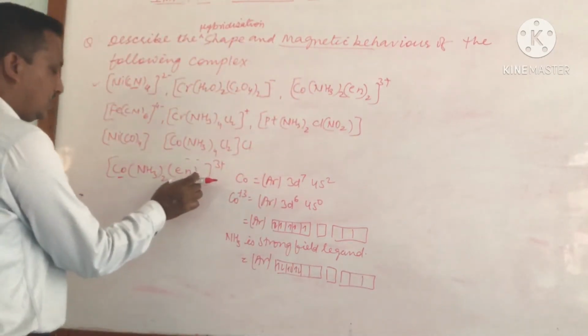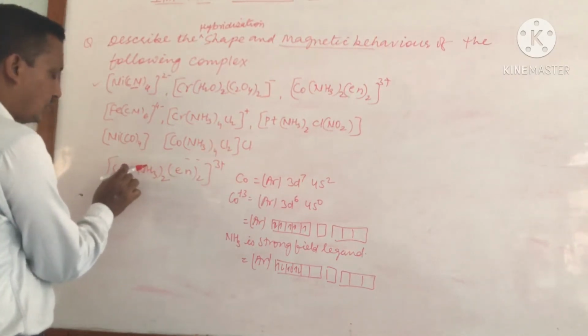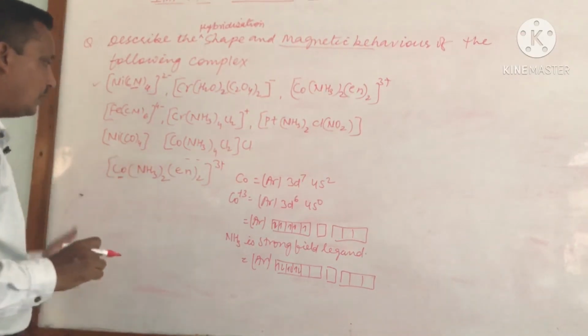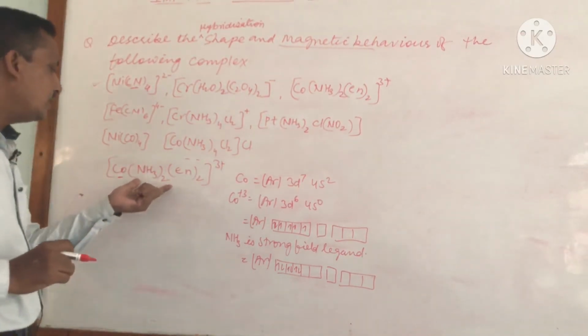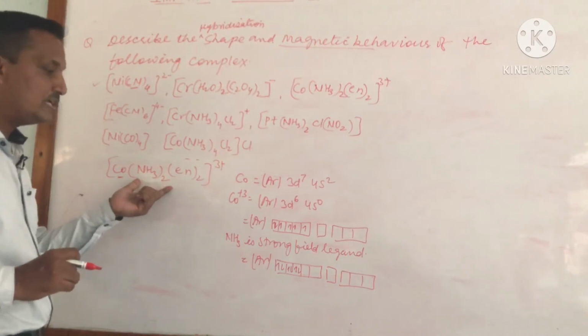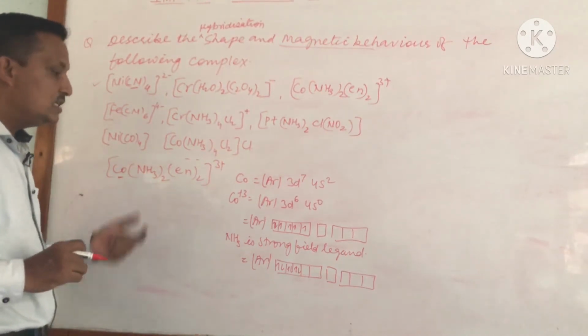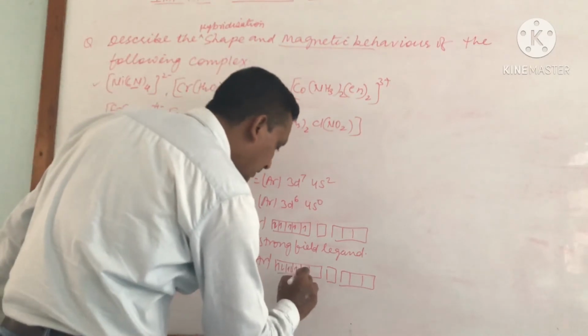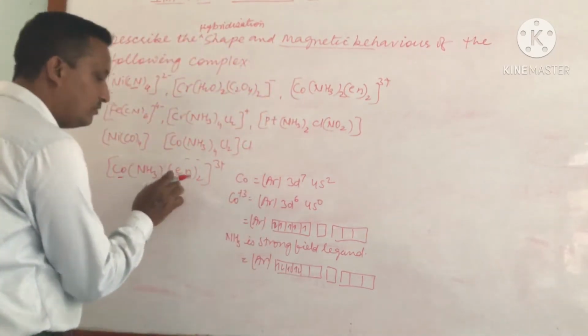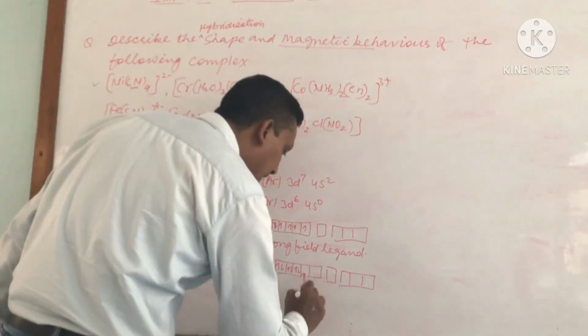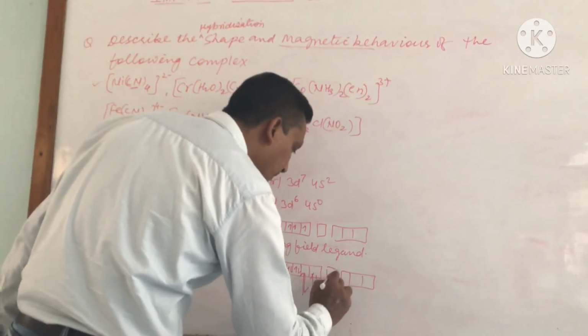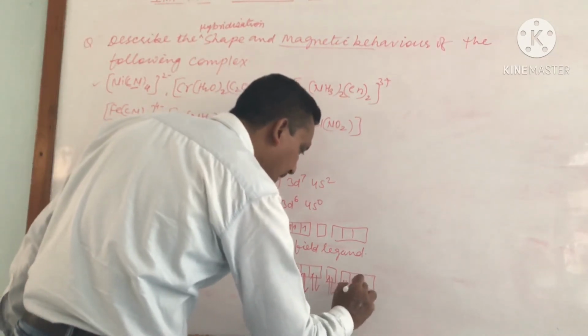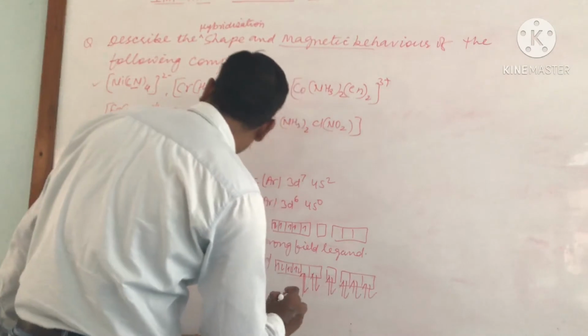We know the oxidation state of cobalt is +3, but the coordination number of cobalt in this complex would be 6, and we need 6 vacant orbitals, and in these 6 orbitals the ligands will provide the pair of electrons. Like this, electrons would be provided by the ligands in these vacant orbitals.